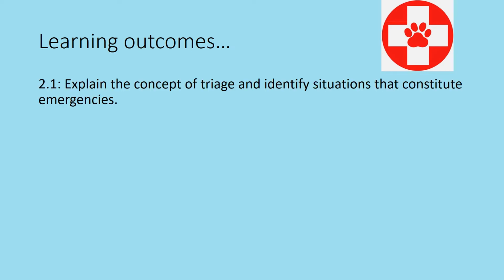So 2.1. The first thing we want to think about is the concept of triage and identifying situations that constitute emergencies. Within this, you want to talk about, firstly, what is triage? Again, hopefully you are triaging quite frequently at work. It might not be a really severe emergency.